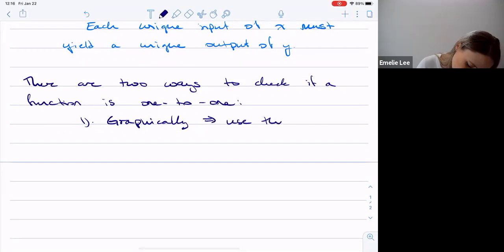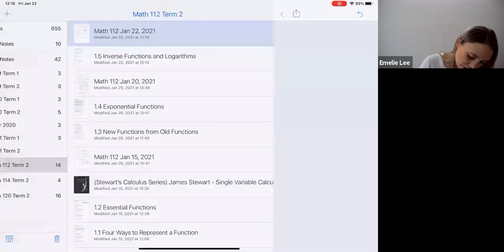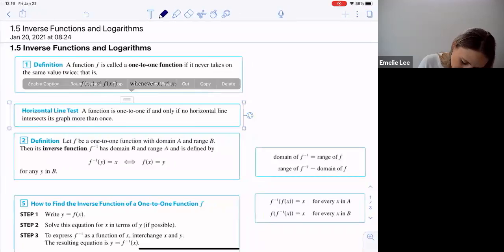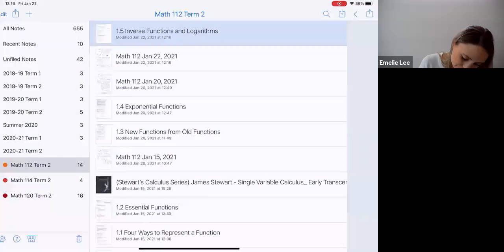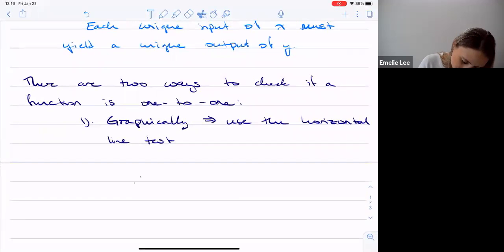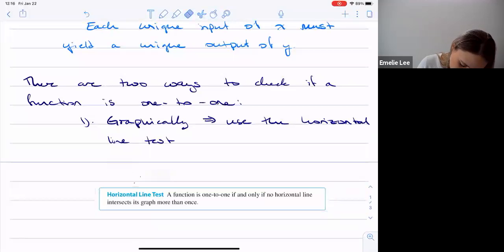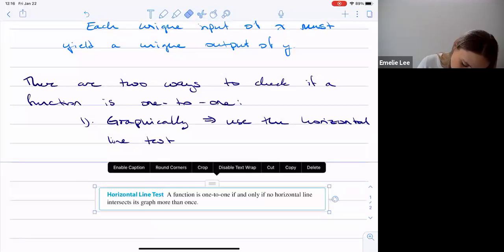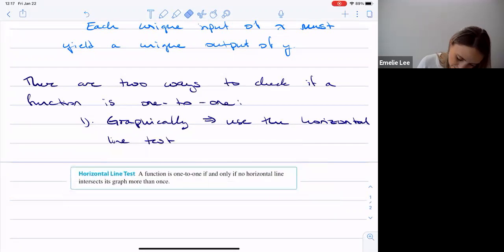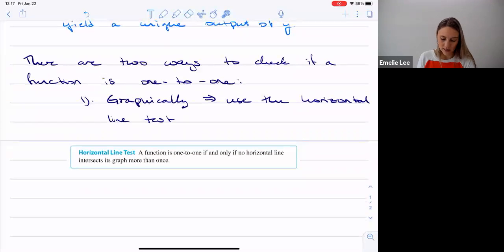Graphically, use the horizontal line test. And I'll bring in the little blurb from the horizontal line test here. But really all it's saying is, the horizontal line test says that if no horizontal line, so remember horizontal is straight across like this, intersects the graph more than once, then it's 1-to-1.